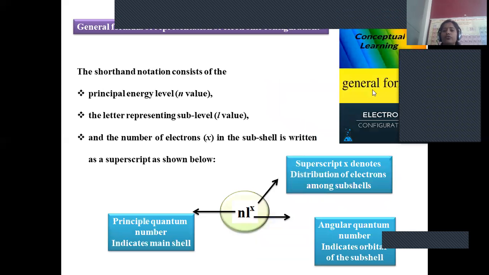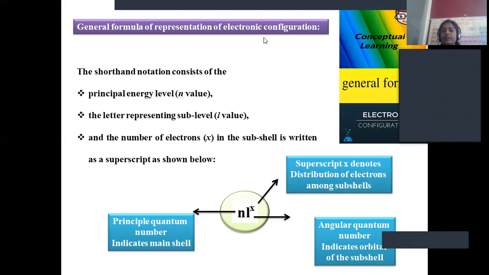So now we have to follow general protocols in order to fill the electronic configuration. The general formula for the representation of electronic configuration will be: first we have to mention its principal energy level, that is the N value, and the letter L represents the sublevel where the electrons are going to be filled, that is the L value, and the number X represents how many electrons are distributed in these sublevels, called orbitals also.